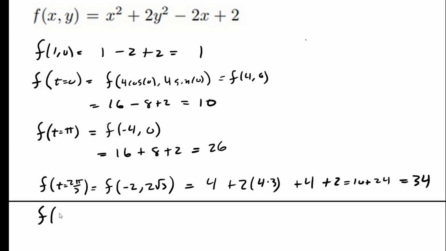And finally, we do f of t equals 4 pi over 3. So we get f of 4 times minus 1/2, which is minus 2. And 4 times sine, minus root 3 over 2. That's minus 2 root 3. So this will be the same, because we square the y, so the negative sign doesn't make a difference. So this is going to be 34 as well.